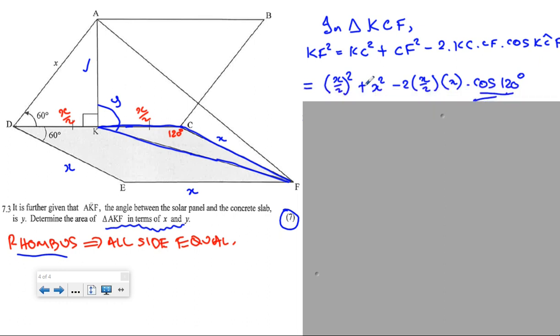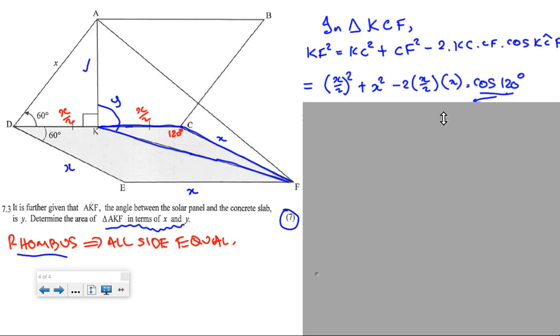Putting in all the information, KC, remember we said it's half, so it's x over 2 all squared. Don't forget the squaring. Plus x squared, because CF is x, minus 2 times x over 2 times x times cos of 120.